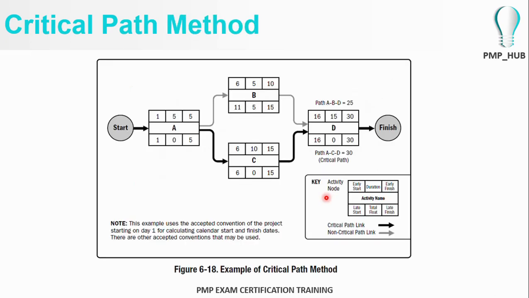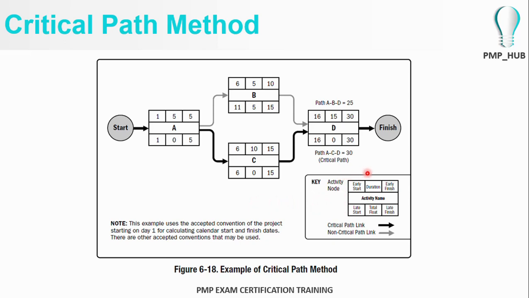Under the critical path method, let's discuss this example. Under sequencing activities, we already discussed the notation for representing a network diagram.